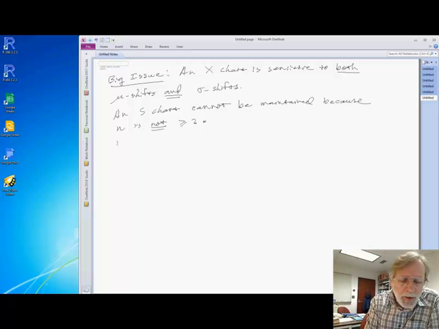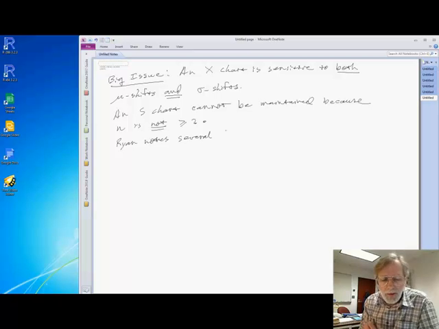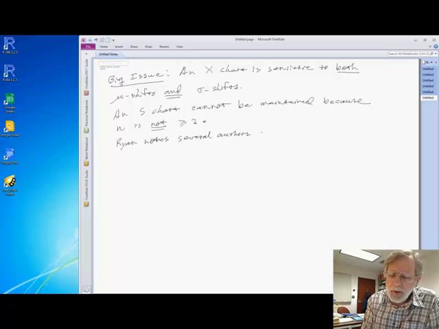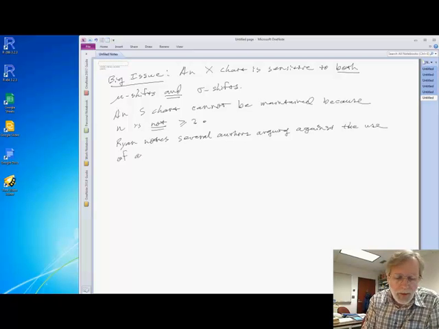So I'm anticipating your solution. Ryan notes several authors arguing against the use of an R chart alongside an X chart.